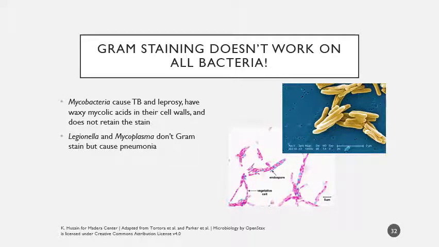Legionella and mycoplasma both cause pretty serious forms of pneumonia, and they don't gram stain. So it's really difficult to culture them in a lab, and it's hard to confirm that that's what you have. Really small bacteria, including mycoplasma but others too, and intracellular pathogens like rickettsia and chlamydia, are so small and in such a weird location that they don't pick up the stain very well.